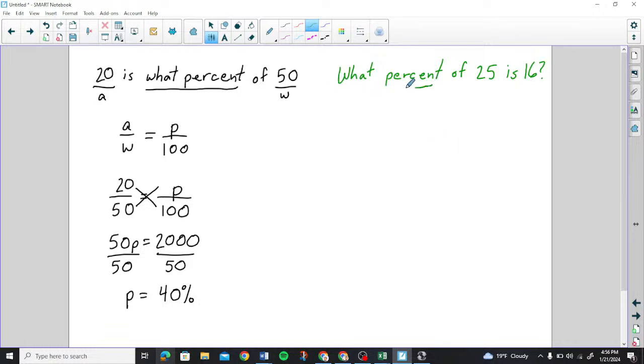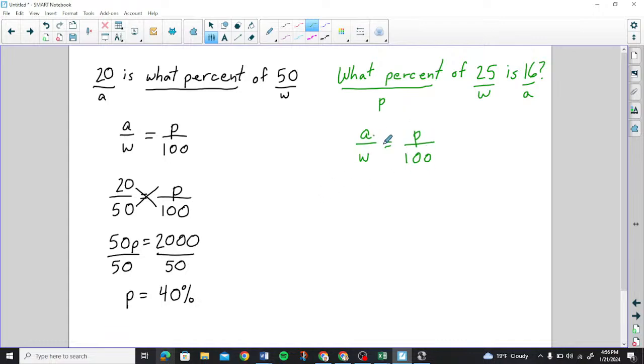So again, we have the question of what percent, so that's P. Immediately after the word of, we find our whole, and then the part is the number that's left over. So our percent proportion says part over whole, A over W, is percent over 100, P over 100.